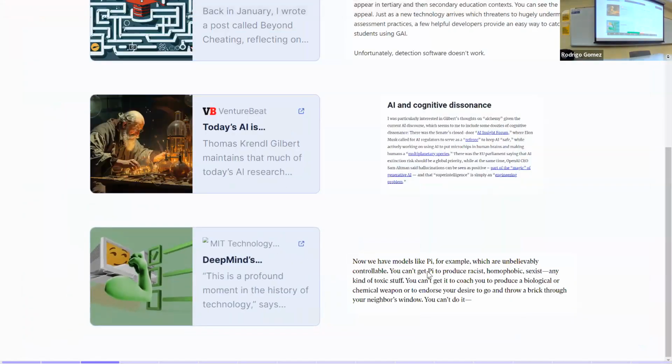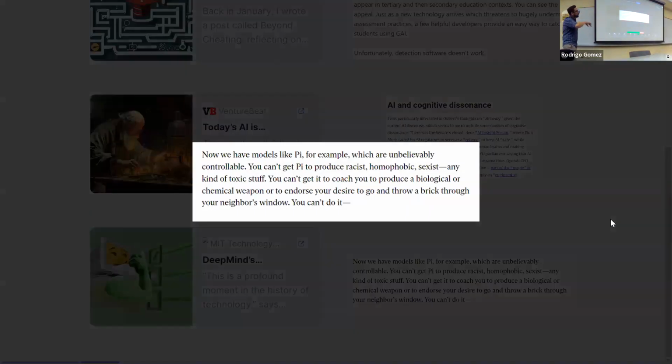Now, here was the key takeaway from the article. Again, there's more to take away there, but now we have models like Pi, which is a smaller model than GPT, but they are unbelievably controllable. Whereas GPT is hallucinating constantly, making mistakes, really inaccurate about a lot of general things, now you're getting more specific models that are much more controllable and much more precise, because you're feeding them specifically what you want to pull out of them, as you prompt and prime them.